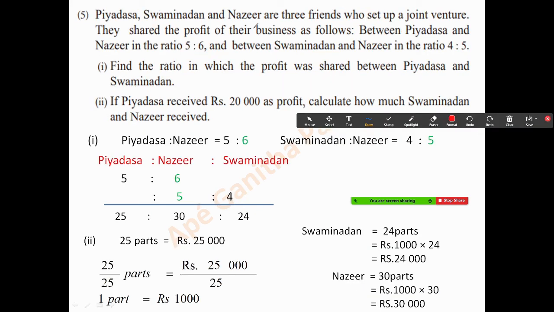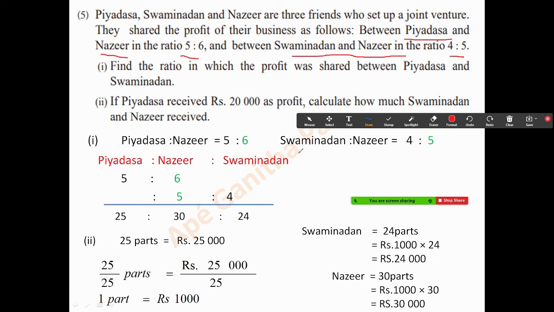Swaminathan, Piyadasa and Nasir are 3 friends who set up a joint venture. They shared the profit of their business as follows. Between Piyadasa and Nasir, the ratio 5 to 6. So you can write as Piyadasa to Nasir 5 to 6. And between Swaminathan and Nasir 4 to 5.